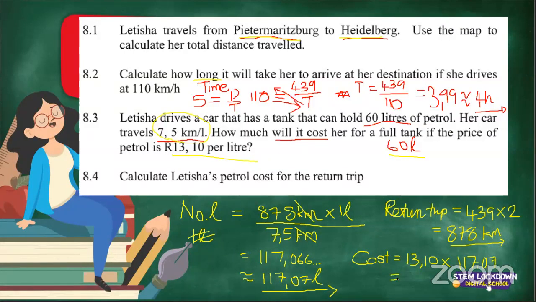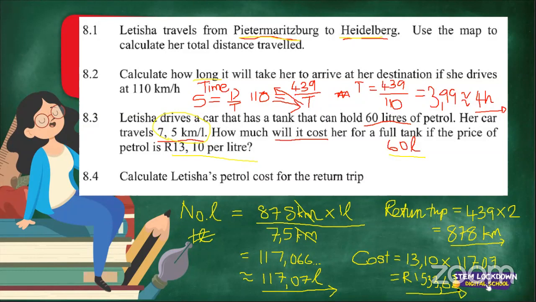What do you get? 13.10 times 117.07. Yes, your answer is in rands: 1,533.62.